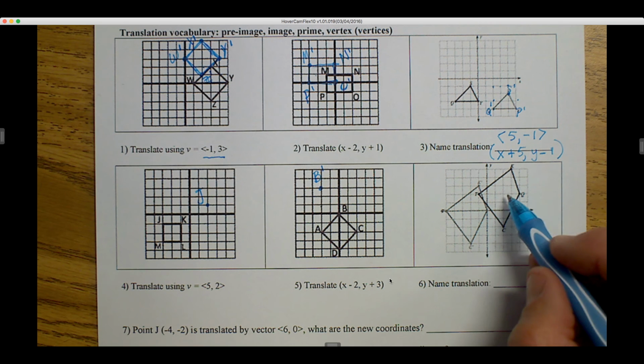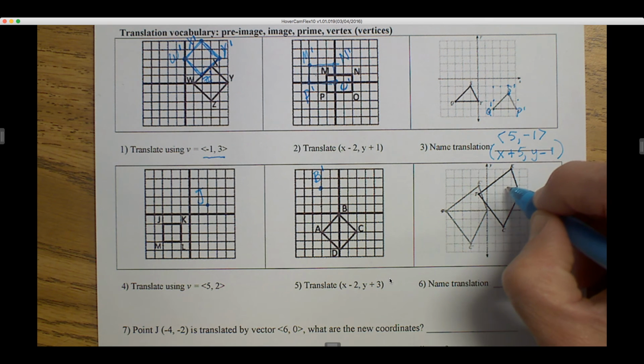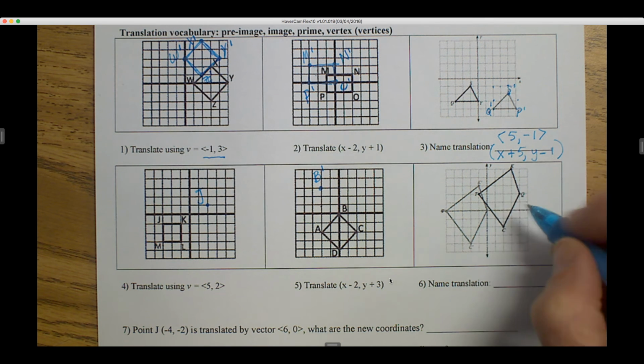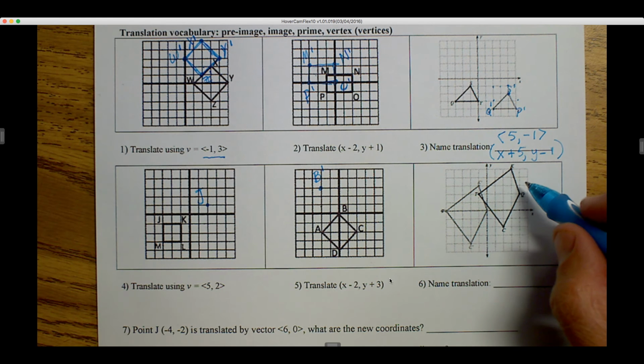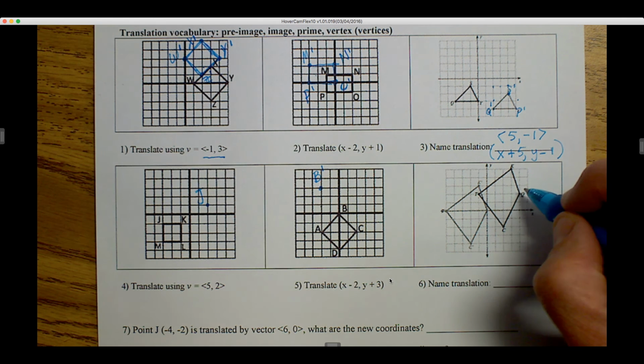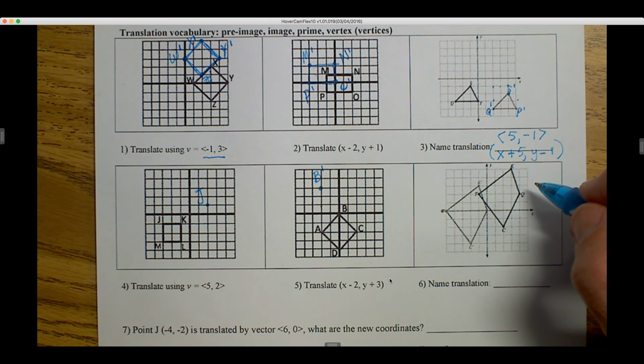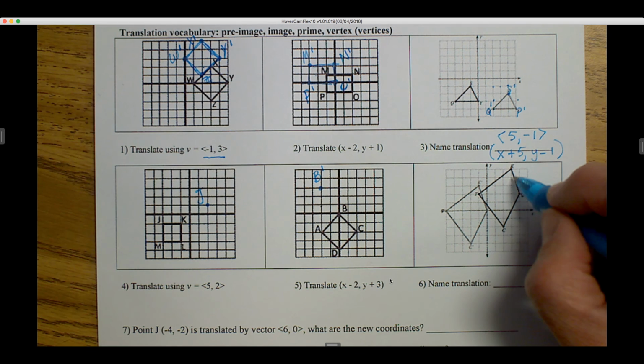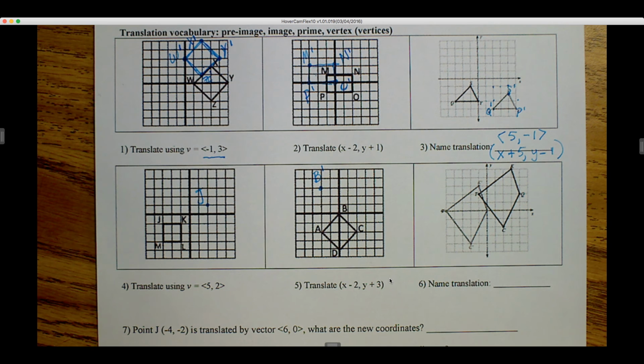And then for this one, I'll let you know that the pre-image is the darker. So this is the pre-image. And the lighter version is the image.